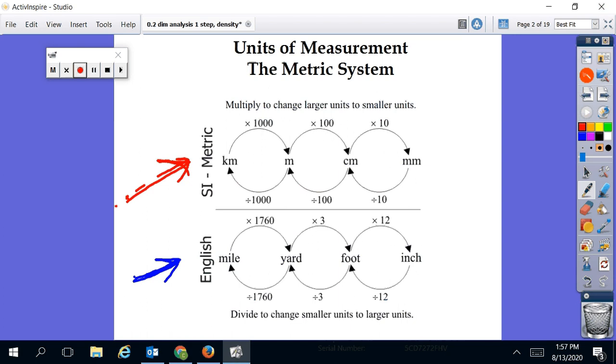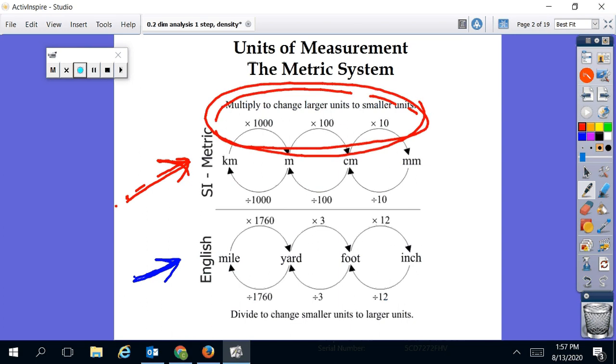And if you look at how to convert from big units to small units in the metric system, you can see that it's all by factors of 10, which is very easy to do. However, if you look at the English system down below, to go between, for example, a mile and a yard, you would have to multiply by 1760.